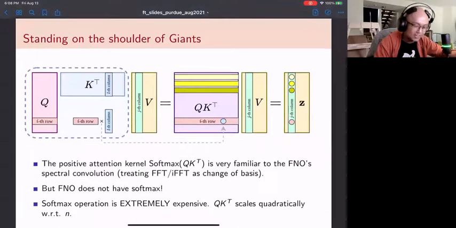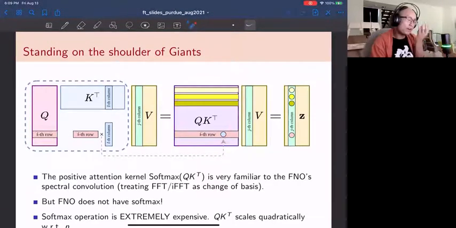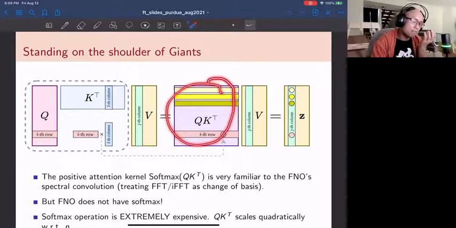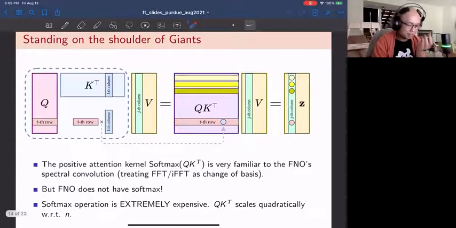So let's try to improve it. And we're standing on the shoulders of giants. Why am I saying this? Because I'm a coder, I like to read other people's code, and from how the Fourier neural operator applies this convolution, this Einstein sum on this matrix, I learned that we can linearize it very fast.